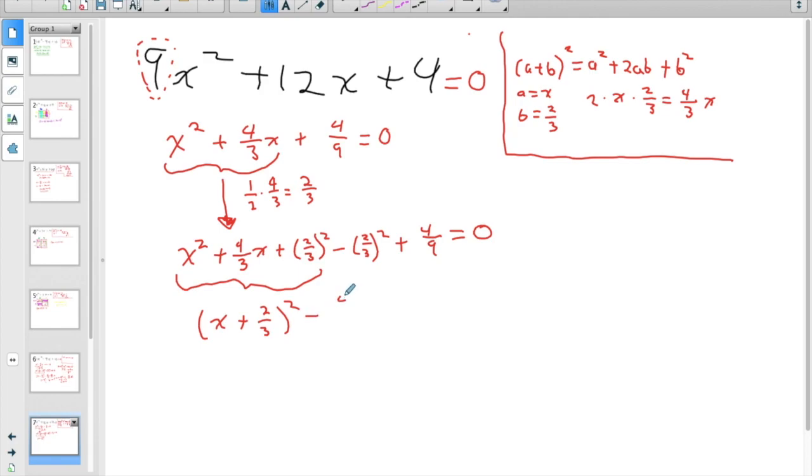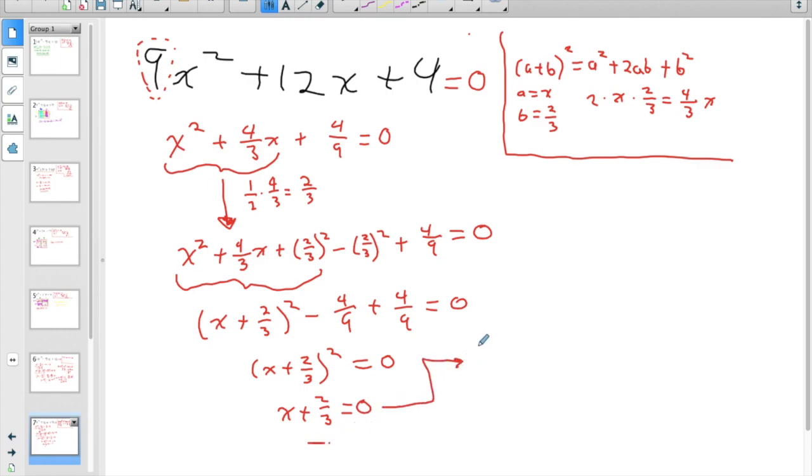So we have minus 4/9 plus 4/9 is 0, meaning x plus 2/3 squared equals 0, which means x plus 2/3 equals 0, which means that our x equals negative 2/3. So our solution set is the number negative 2/3.